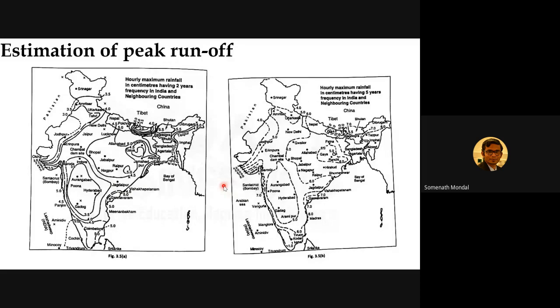So here you can see the estimate of peak runoff. We have given the hourly maximum rainfall in centimeters having 2 years frequency in India and neighboring countries. These contours are actually measured hourly maximum rainfall, and on the right hand side we have the hourly maximum for 5 years frequency. I have given this just to give an understanding of how the intensity changes with respect to frequency.